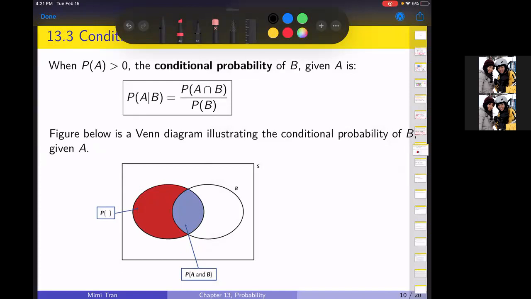So I'm going to call this B, and this one A. So this is P of B. So P of A given B is the proportion of the intersection part within P of B. You cannot see it here because the proportion is too small. I will never ask you to represent P of A given B on a different diagram. If you do, that's the best you can do right here. But physically, you cannot see it.